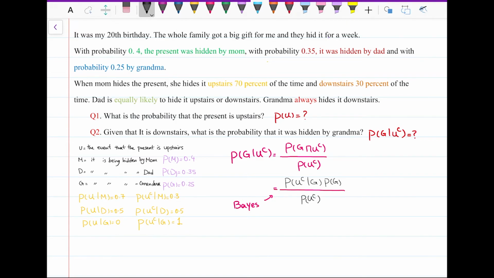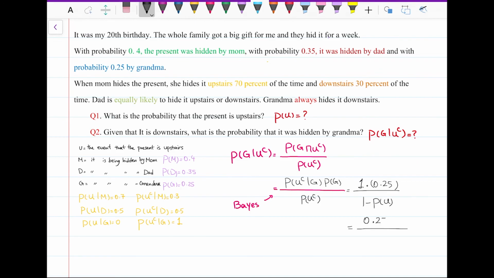Great. Now I know this information. It's just because probability of UC given G is given actually. It is 1 times probability of G, which is also given, 0.25. Then probability of UC, probability of the person sitting downstairs, is basically the complement of P of U, right? It's 1 minus probability of U. And basically, I computed this one from before, the previous one.